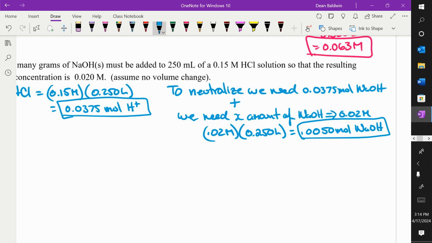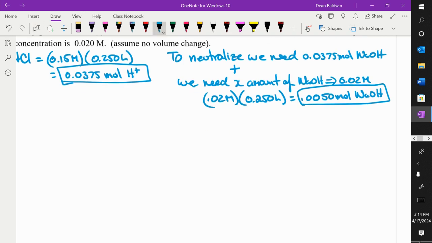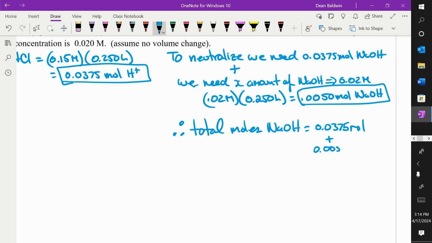So how many moles did we actually add? Just add this to that. Okay? Which gives us 0.0425.